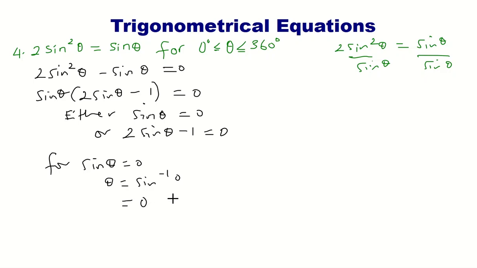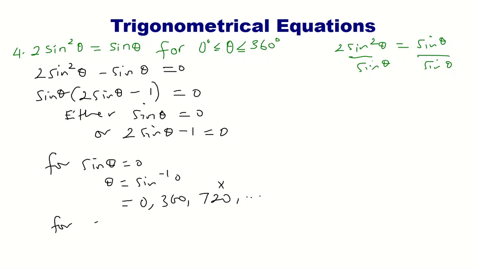Go to the first equation that we did, and you find the values that follow after here were 0, 360, 720, and so on. But since our values of theta range from 0 to 360, this is out of range. Then we go to the next equation.